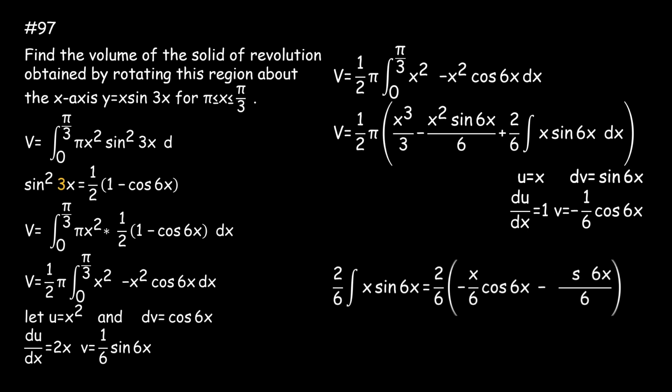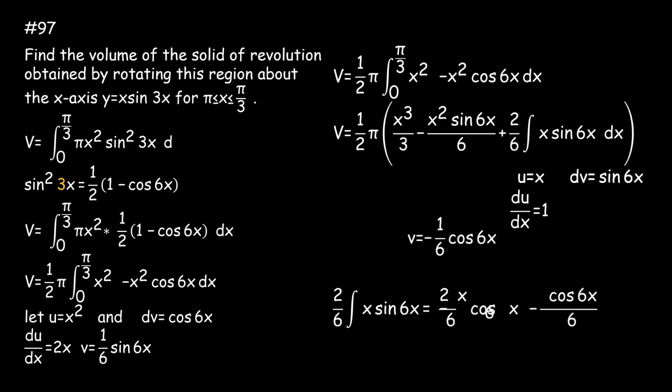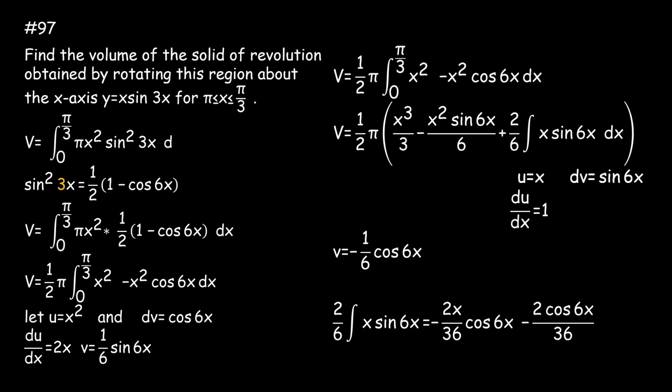Okay, substituting these into the right hand side of the equation, we're going to have our new integral. 2/6 of x sine x is actually 2/6 of x, negative x over 6 minus cos 6x over 6.